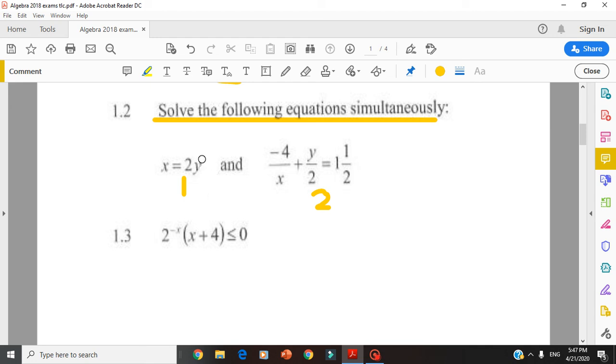So over here we're going to make x equal to 2y, since it's the easiest subject of the formula, which we will substitute into equation number 2. Wherever I see x, I'm going to replace it with 2y.